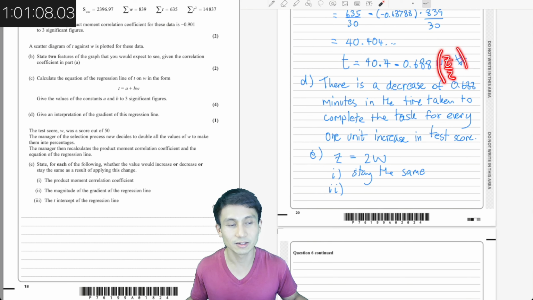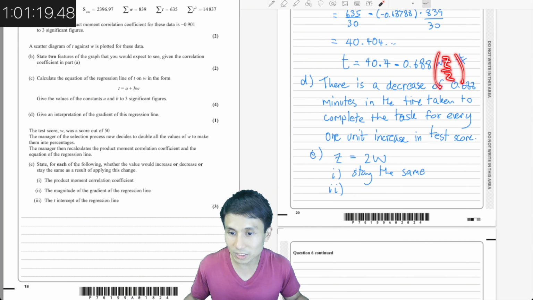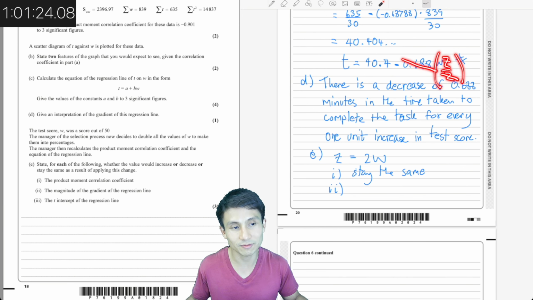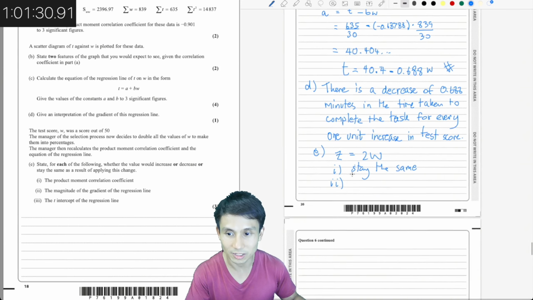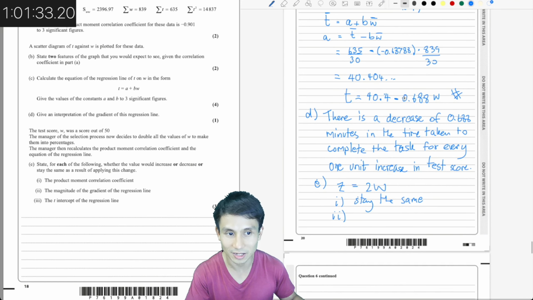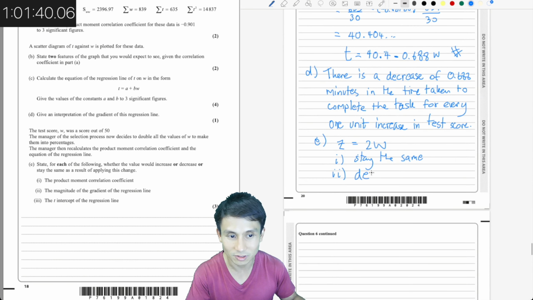Because we do the coding, we multiply W by 2, so this is Z over 2. So the magnitude of the gradient would be halved. Yeah, so it would change. Because we have a negative sign here we have to be careful, but it's the magnitude, so it does decrease.